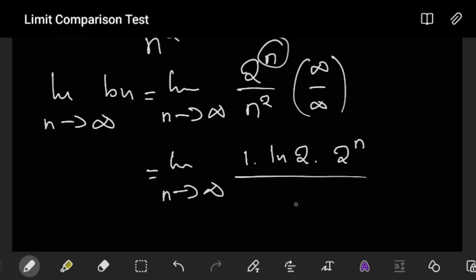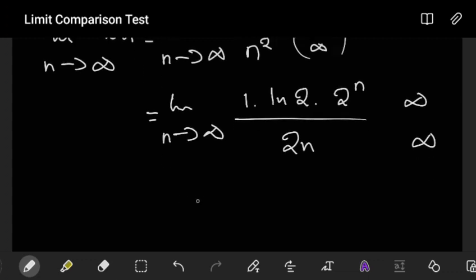The denominator is n to the power 2. When you differentiate that once, we get 2n. You see, in this case, we still end up with infinity over infinity. If you set n to be infinity here, you end up with an indeterminate limit again. So because of that, we can use L'Hopital's rule again.